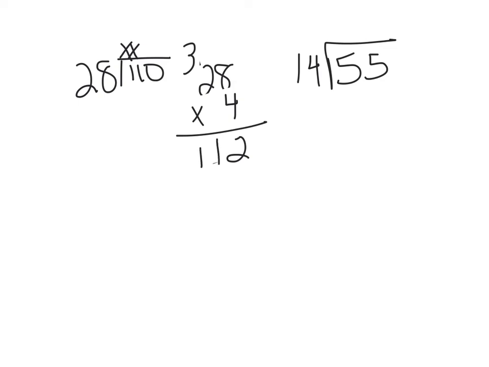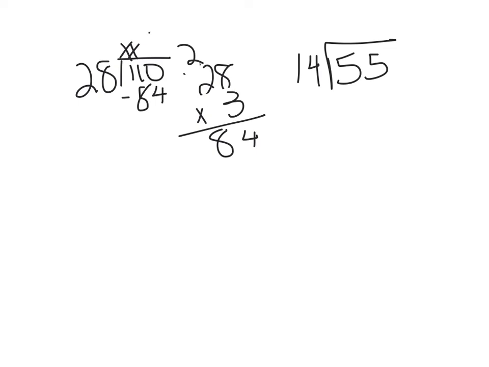Oh, so close. Let's try 3. Well, that's the closest we're going to get. So we put our 84 down below. Got our 3 up top because our 4 was too high. So we subtract. We got to borrow. So we have leftover 16.